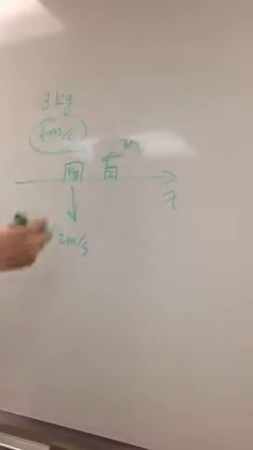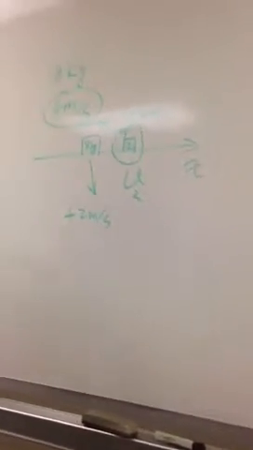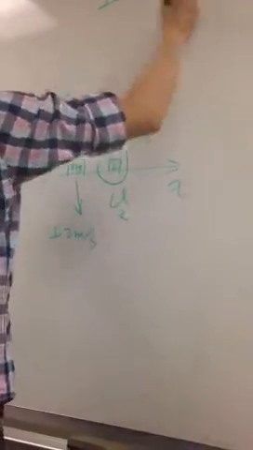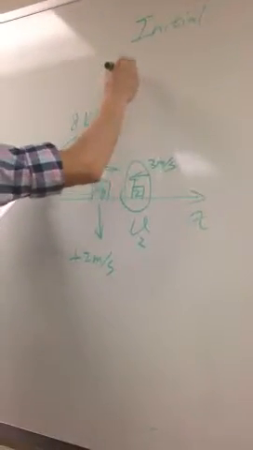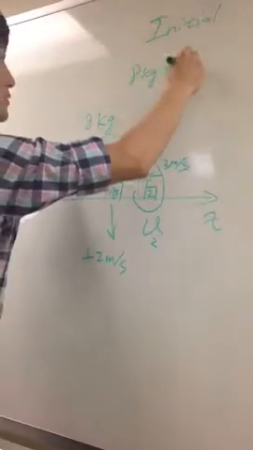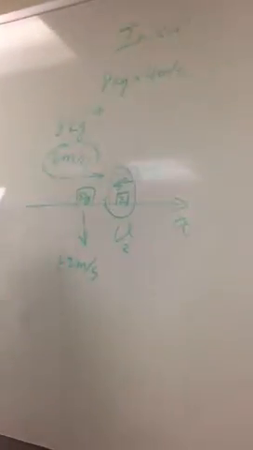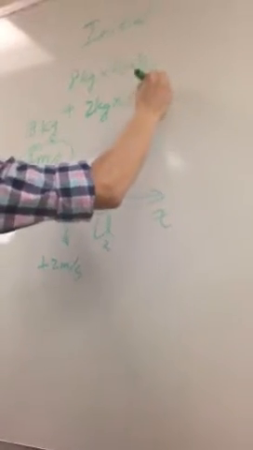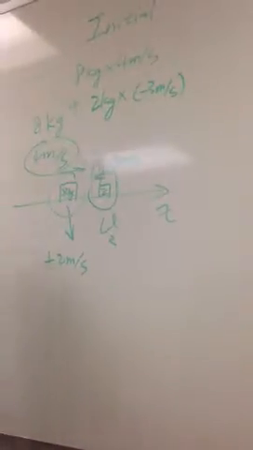The first thing we need to get is, after the collision, what's the velocity for this one, right? First, we have the initial, and we have after the collision, the final. Initial: 8 kilogram times 4 meters per second, plus 2 kilogram times negative 3 meters per second, because it's moving in the opposite direction.